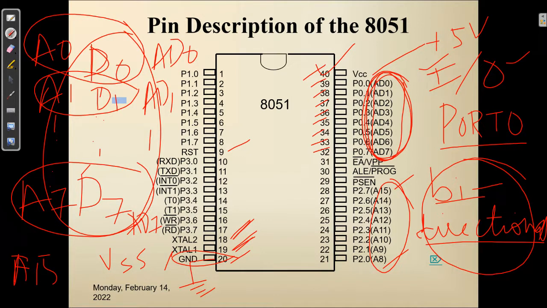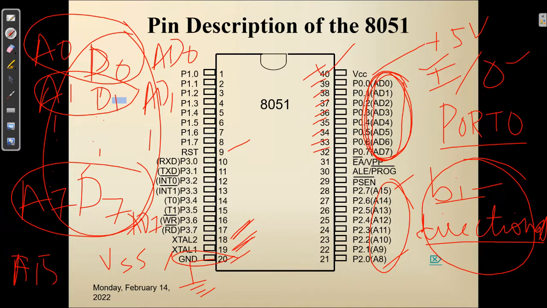Address bus. हाँ, क्योंकि मुझे पता होना चाहिए कि कौन सी जगह से मुझे वो डेटा एक्सेस करना है, बराबर है, तो पहले मैं एड्रेस बस बोल के यूज करूंगा. जब मैं एड्रेस बस यूज करूंगा, I will identify the location and then I will access that data, and then I'll be moving that data from the RAM towards the 8051 by using the data bus. Yes or no? Yes.